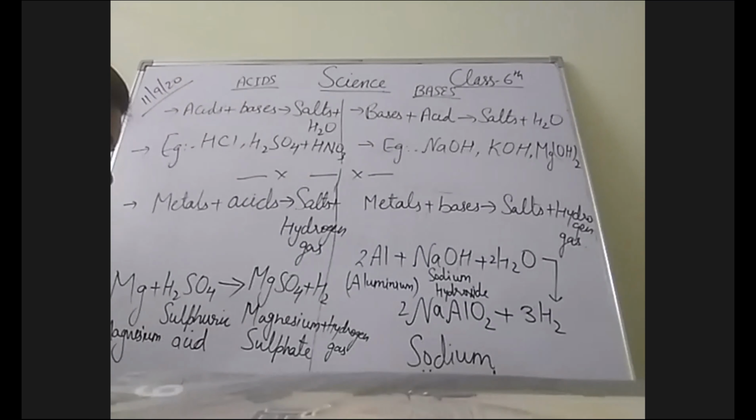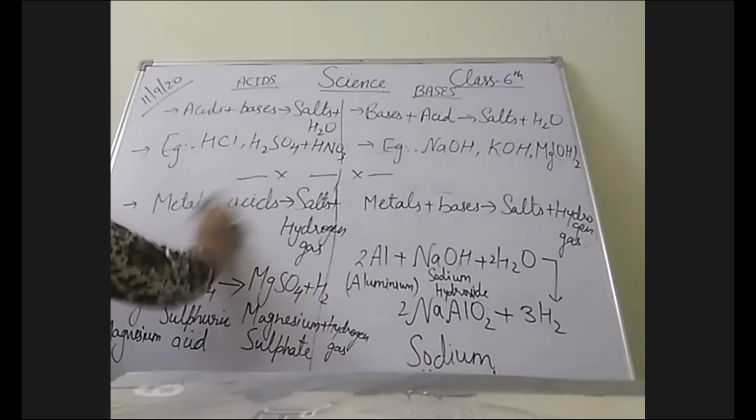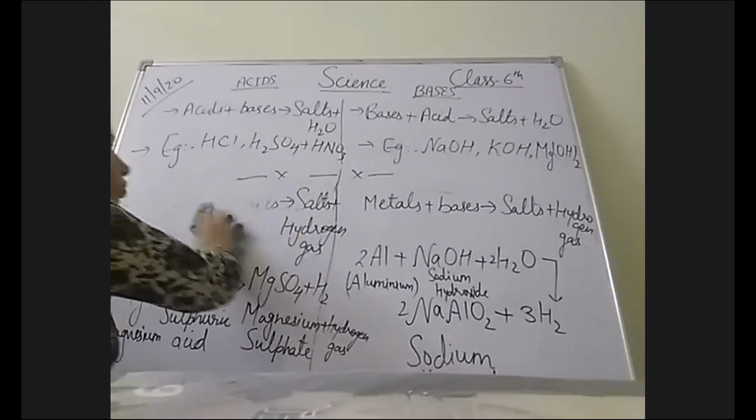Okay, so we have done with the differences between acids and bases. Now let's discuss the neutralization reaction. I hope you guys must have done this part. So I'm going to write it down.